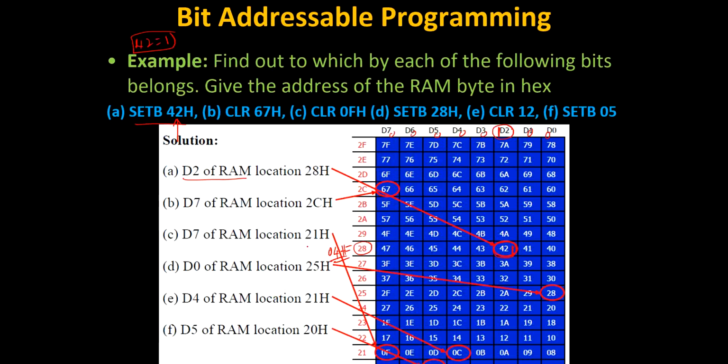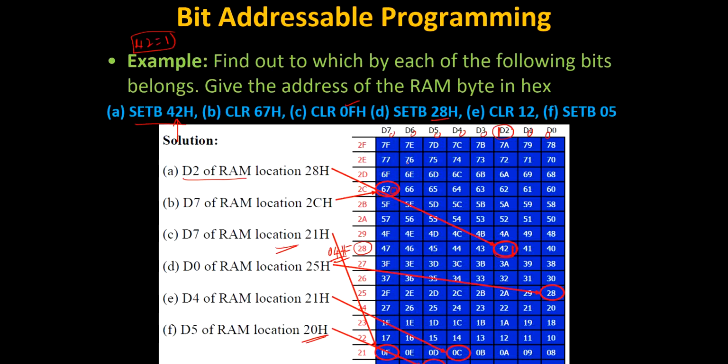Similarly we have clear 67. Bit 67 is this bit, and I can clear it, that means D7 should be 0. And clear 0F, so I can clear that D7 bit.